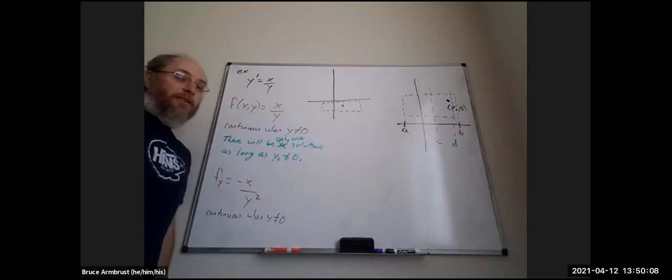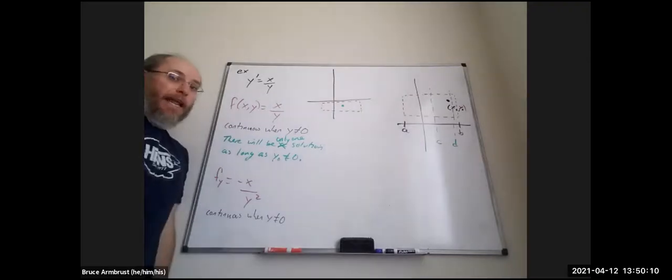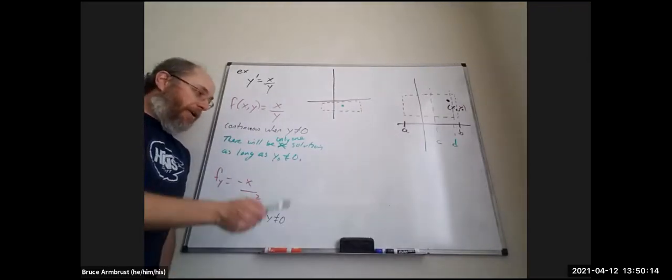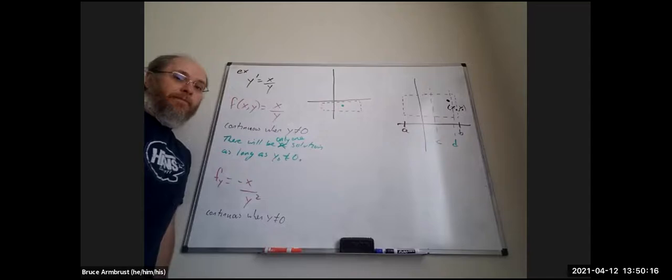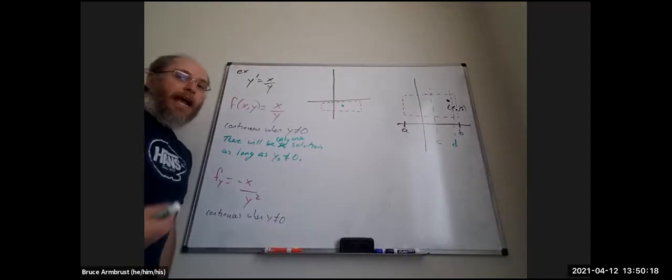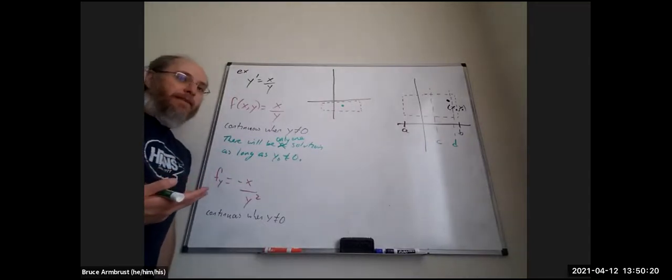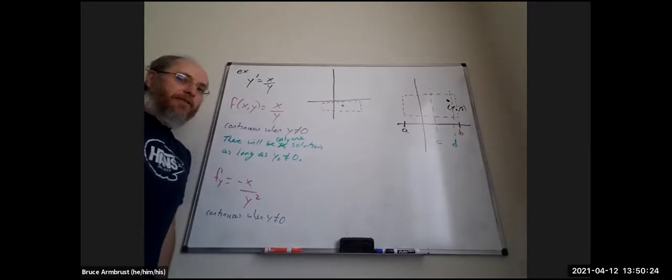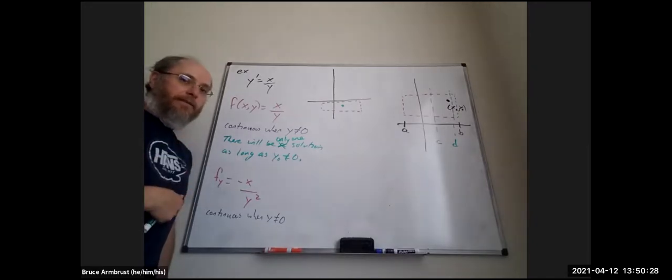So we have a stronger statement now. Not only do I know that there is a solution, I know it's the only one. And that's where we want to be. That's really where we want to be when we solve differential equations, is we want there to be just the one solution.